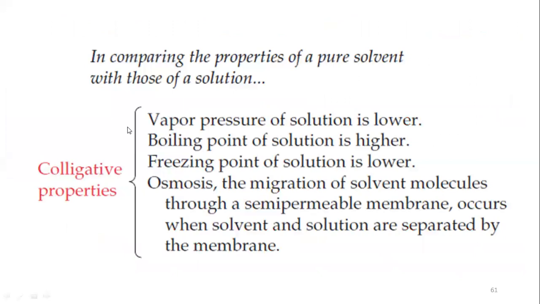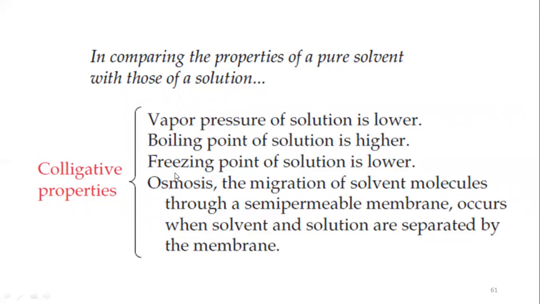And these are the four different colligative properties. In comparing the properties of a pure solvent with those of a solution, the first one is that the vapor pressure of the solution is lower. Second, the boiling point of the solution is higher.